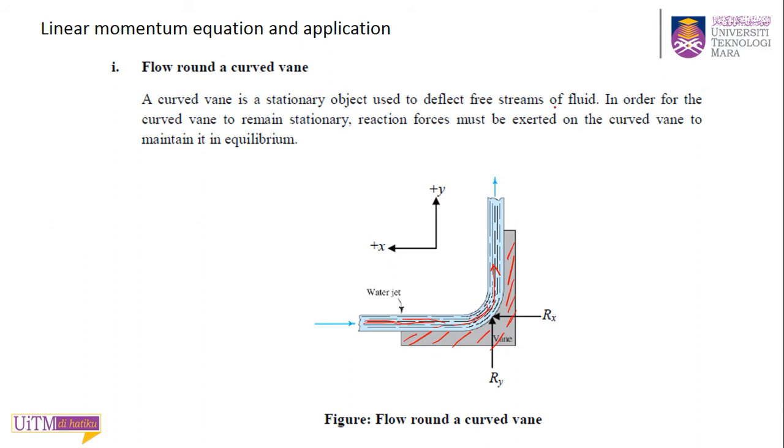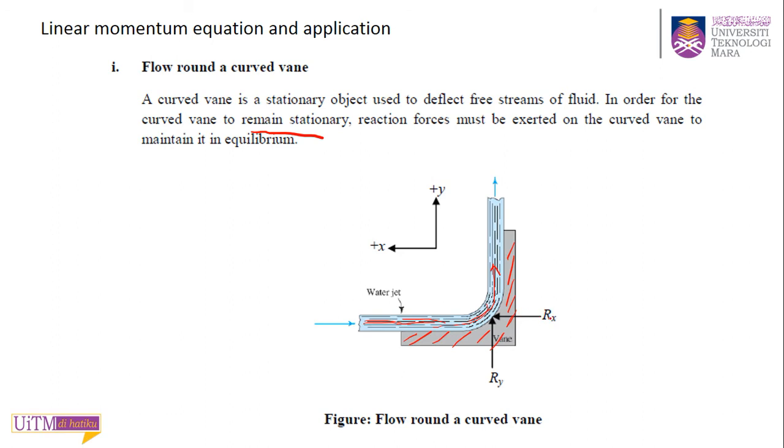So in order for the curved vane to remain stationary, because the water hits it, the water flows and strikes that curve, and to make sure this curved vane remains stationary, there must be a reaction force exerted against this flow.